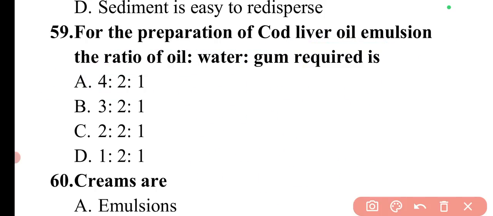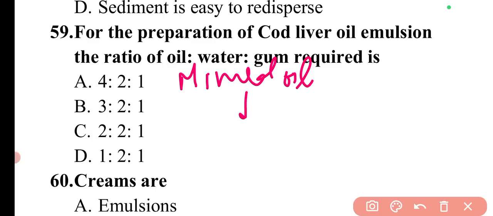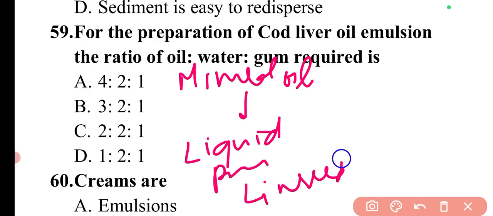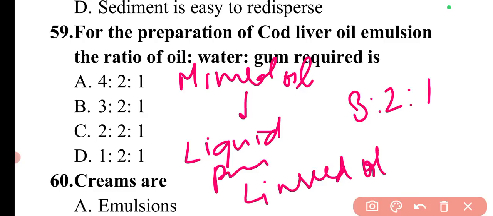If the oil is mineral oil, for example liquid paraffin or linseed oil, then this ratio will be 3 is to 2 is to 1.